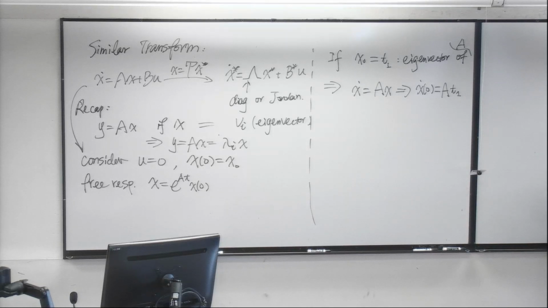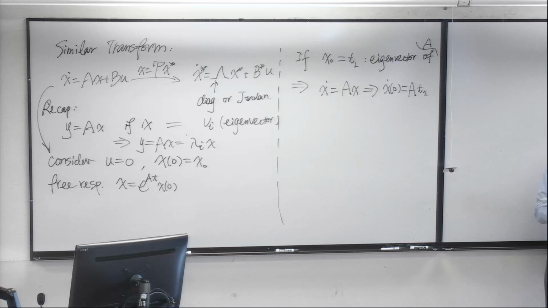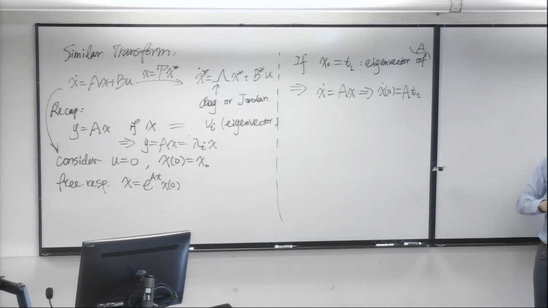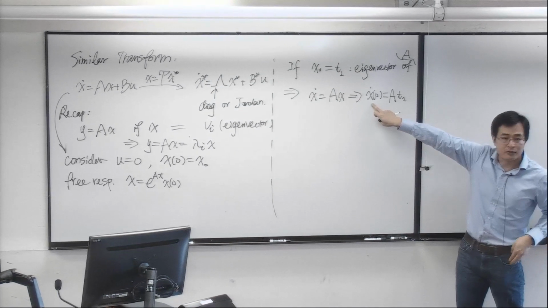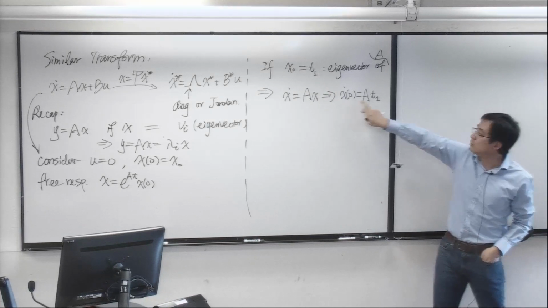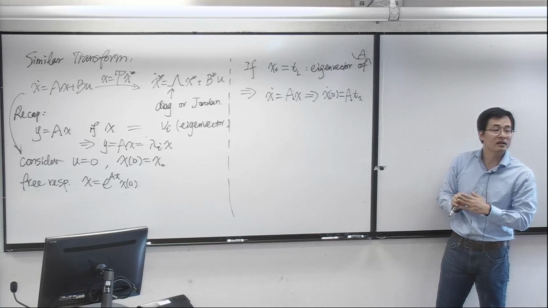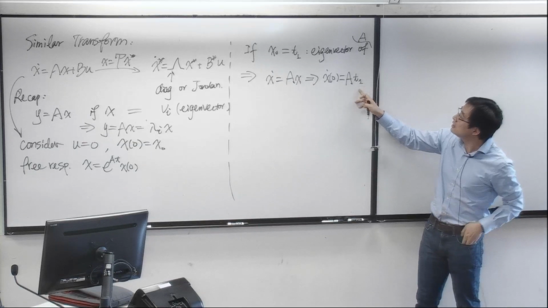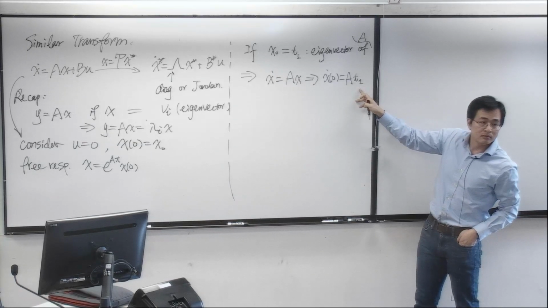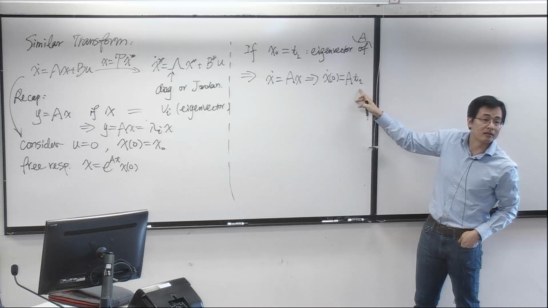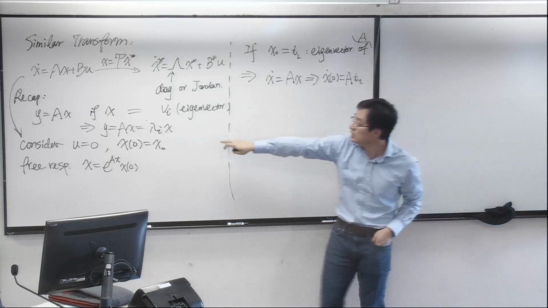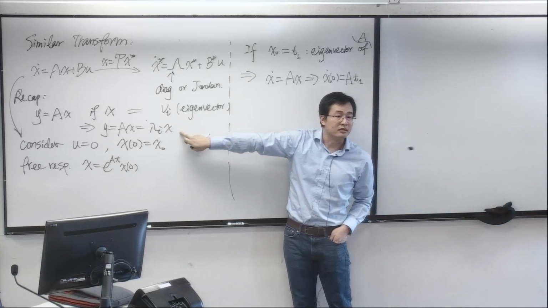It tells me I am starting at some initial position, initial x0, and then the change that I will get for the state, which is equal to A times T1, is also along that direction, right? If T1 is along the direction of one eigenvector, then AT1 is going to be equal to a scaling of T1.